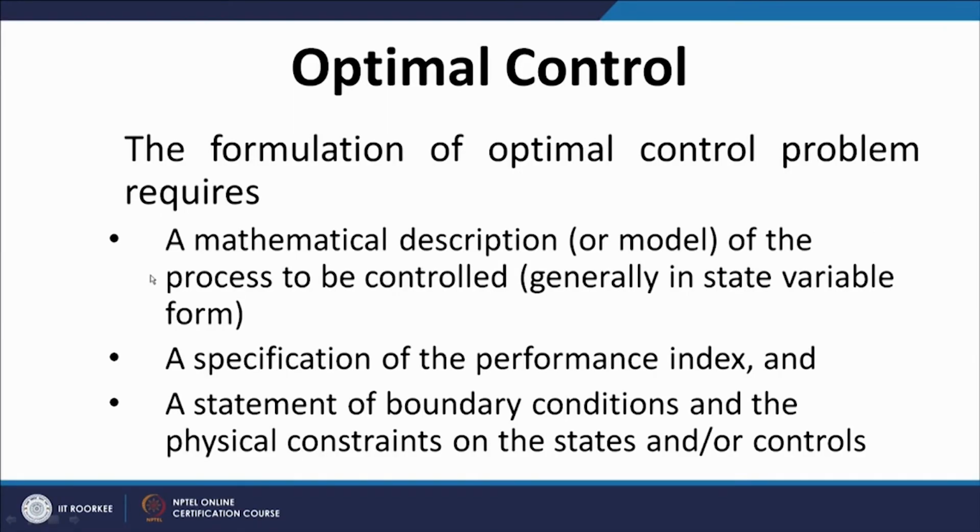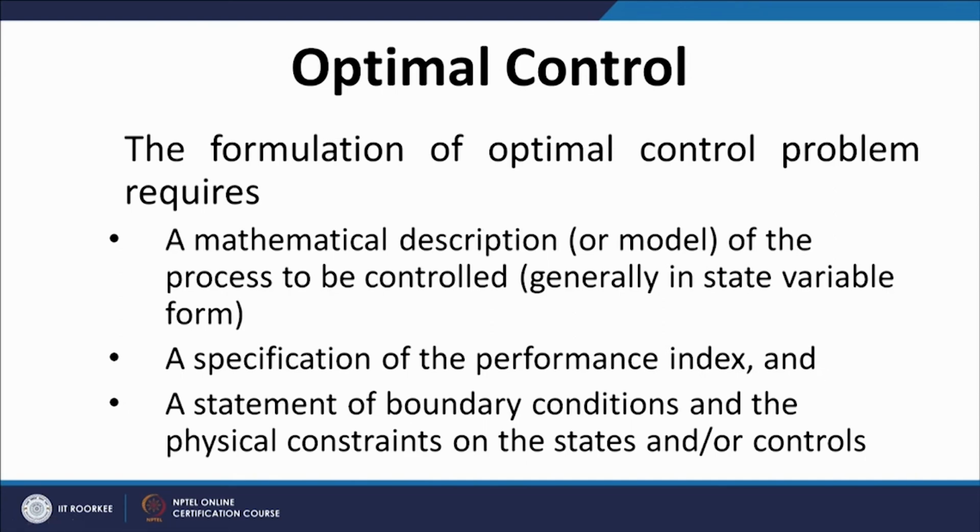That is my first point. First of all, we have to get the mathematical description or model of the process to be controlled, and generally we have this modeling in state space form. To formulate an optimal control problem, once we have the mathematical model, then we have to specify a performance index.